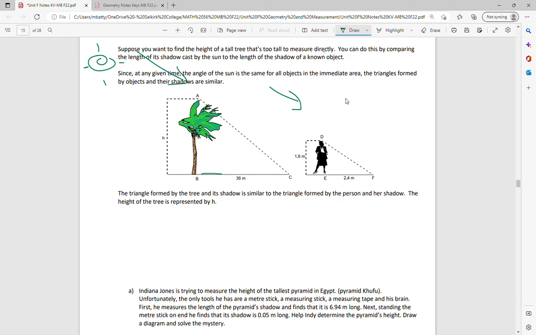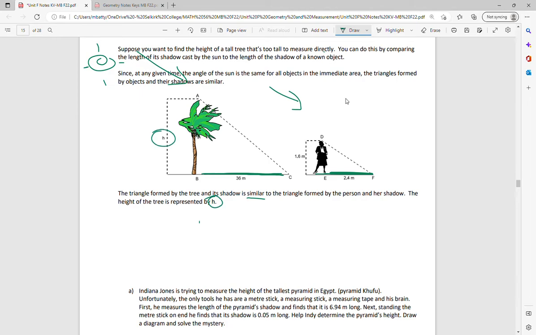And so if there is a shadow down here, we can set up proportional triangles because of that angle and the enclosed angles. So here we have a tree forming its shadow, and it would be similar to the triangle formed by the person and her shadow. We want to try and figure out what is the height of the tree.